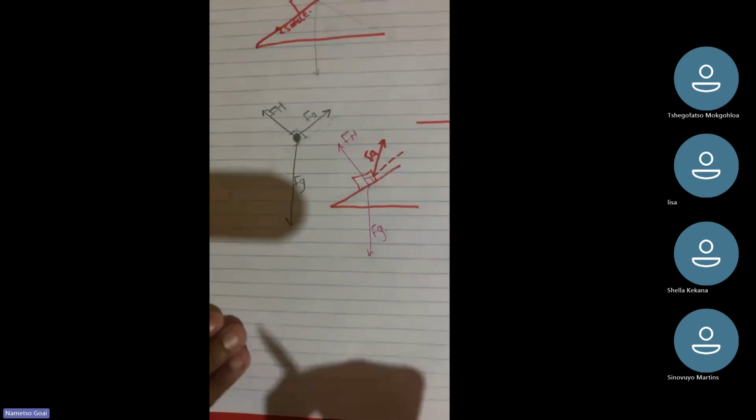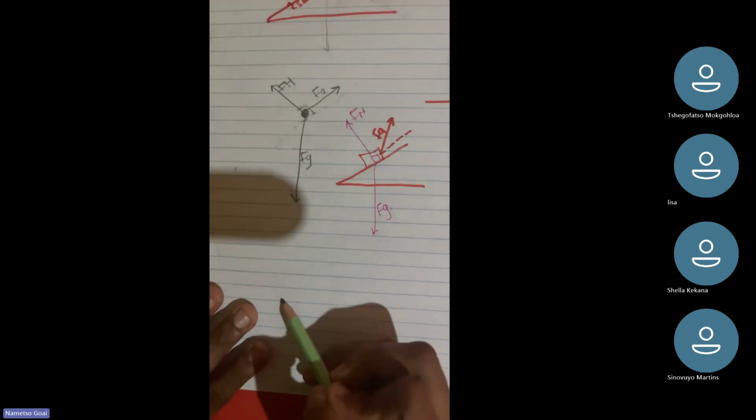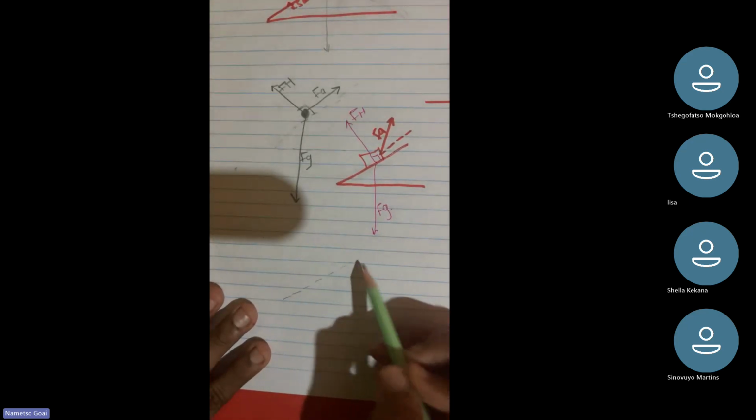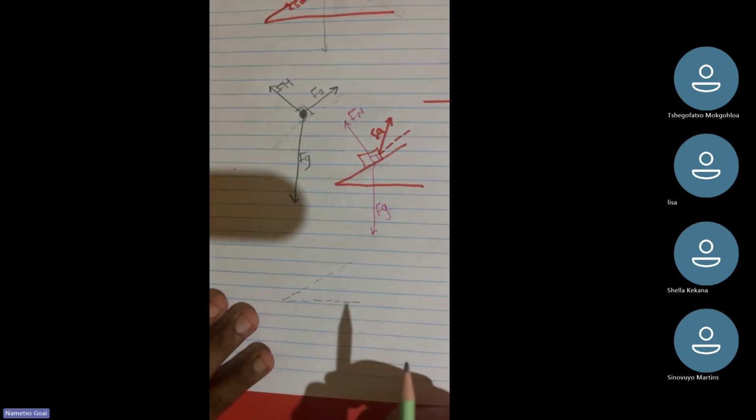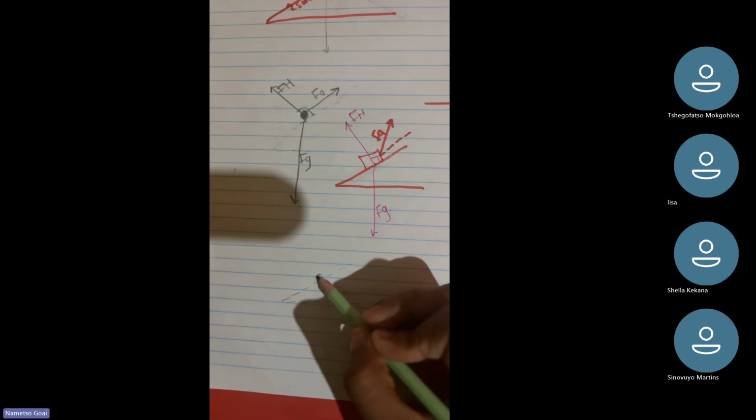So remember I said when you draw a free body diagram, firstly try to make the elevated slope, but make it light so that at the end you may be able to erase it, right? In order to represent this object, you're going to have a full stop like this.